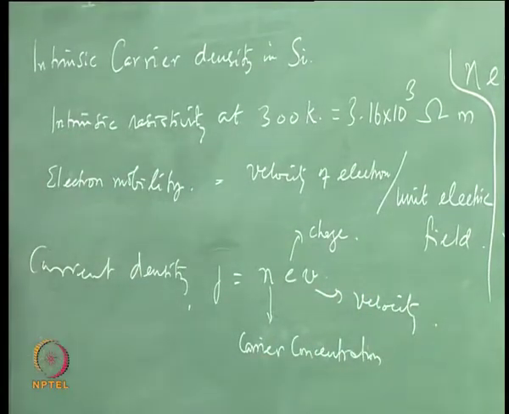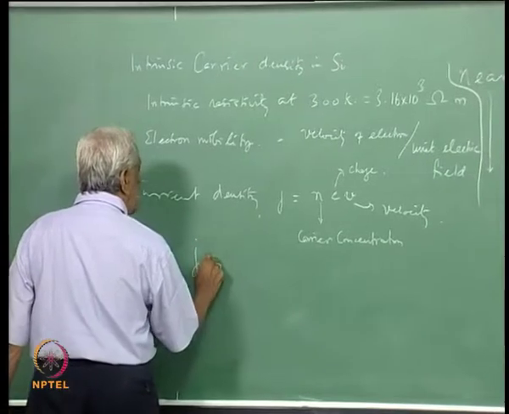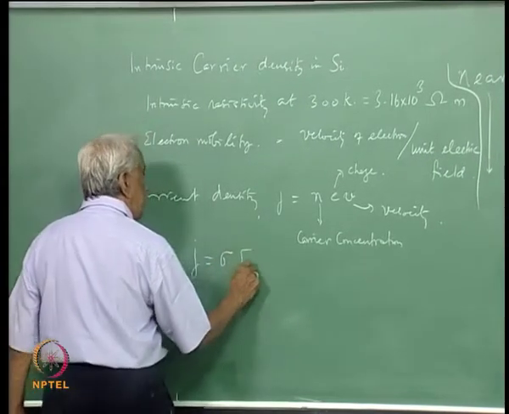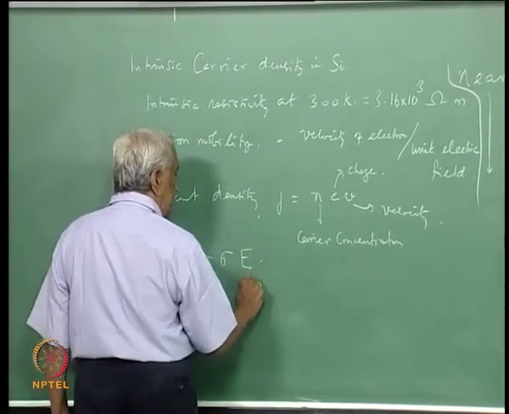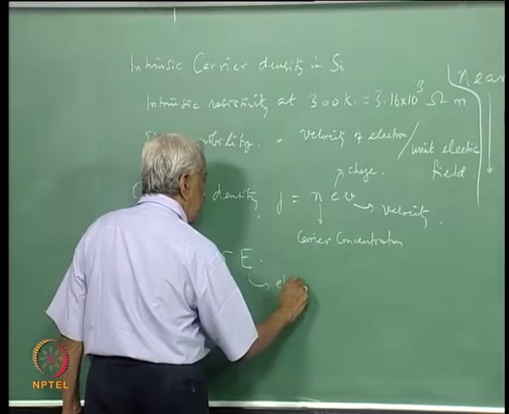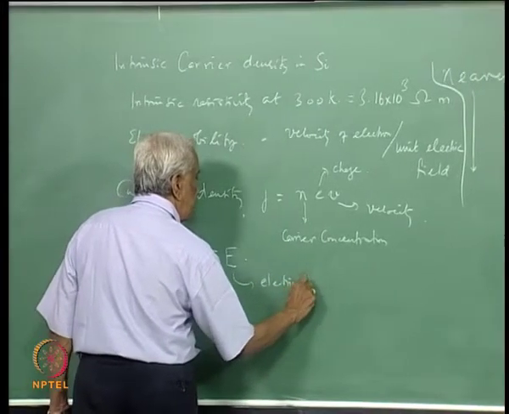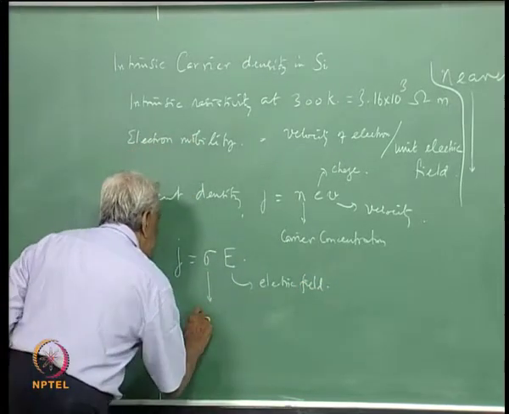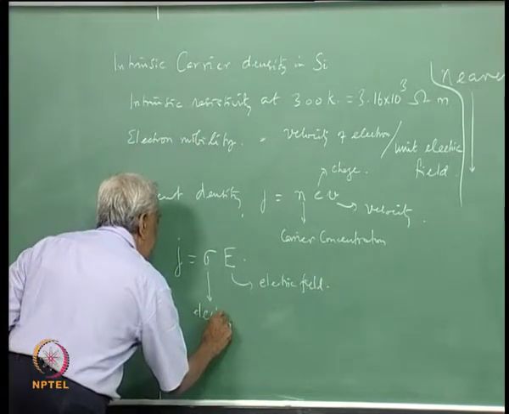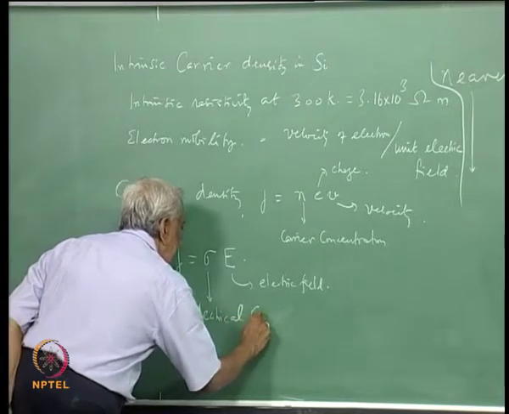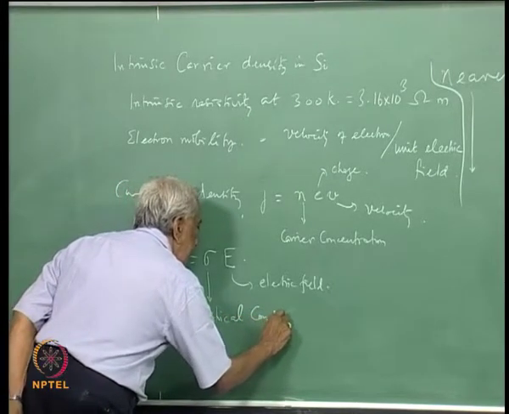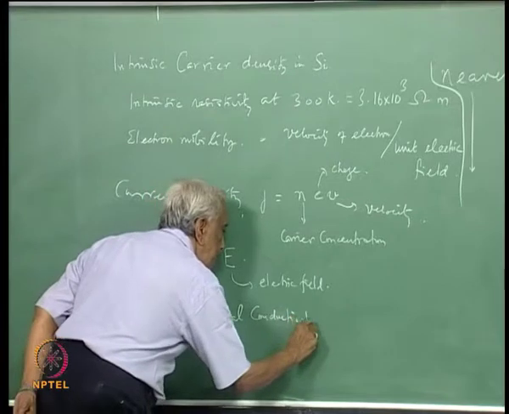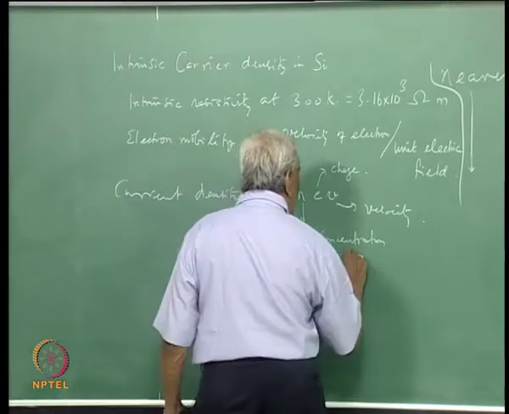We also know that this current density is related to the electric field E via the conductivity sigma, J equals sigma E, as we all know, this is just Ohm's law.